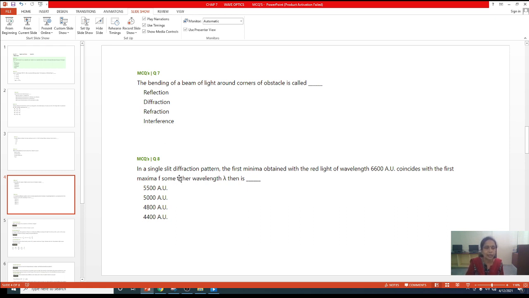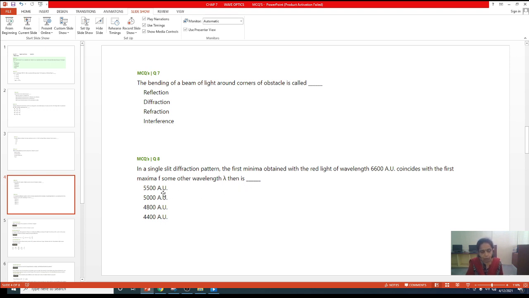Then question number 8. In a single slit diffraction pattern, the first minima obtained with a red light of wavelength 6600 angstrom coincide with the first maxima of some other wavelength lambda, then it is.